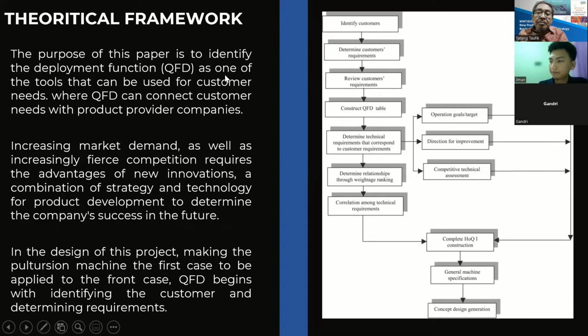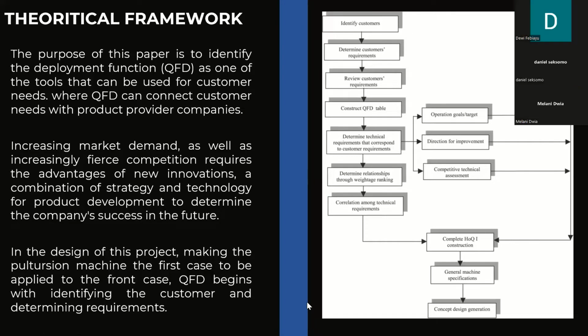In this slide, we are talking about the theoretical framework. The purpose of this paper is to identify quality function deployment, or QFD, as one of the tools that can be used for customer needs, where QFD can connect customer needs with product provider companies.